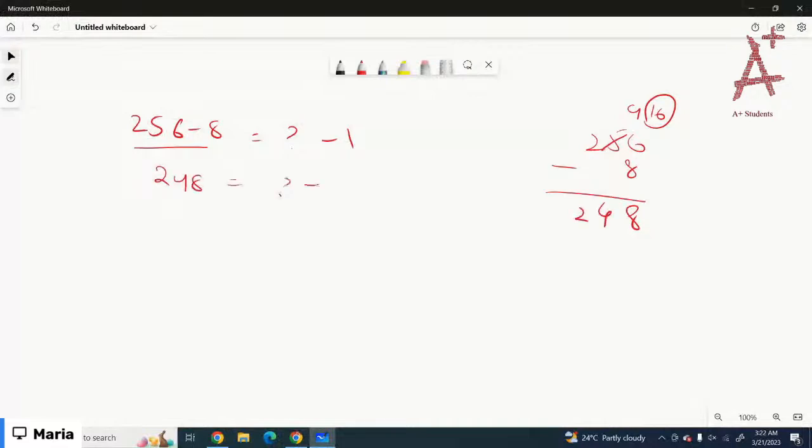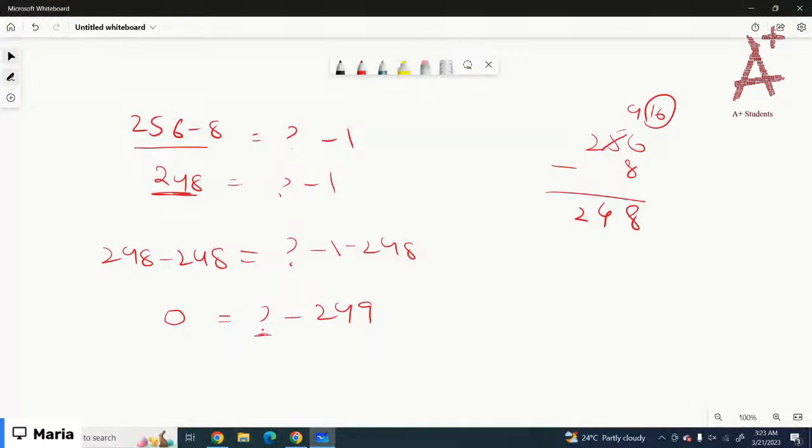Got it? So just subtract 248 from both sides because we need to make 0 here. 248 minus 248 equals 0, and 1 minus 248 gives 249 here. That means the missing number is 249.